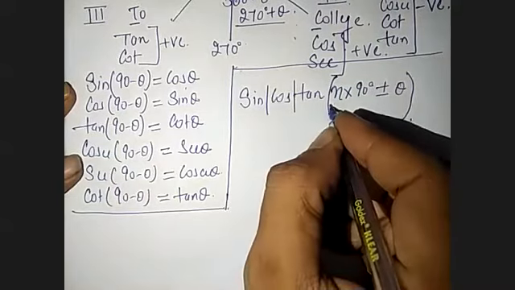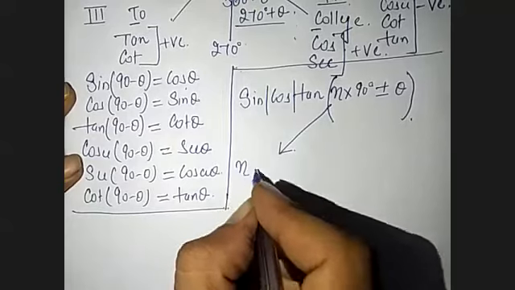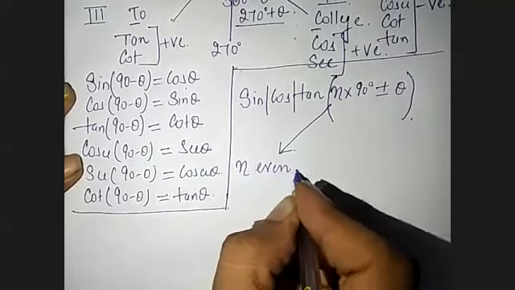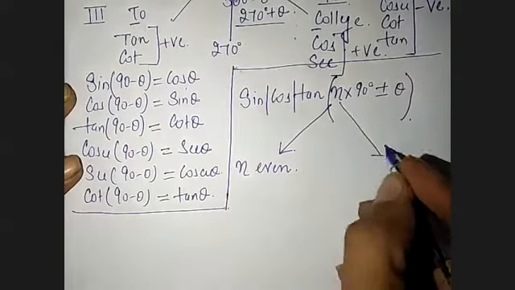There are two chances. One chance is n will be even. The other chance is n can be odd.